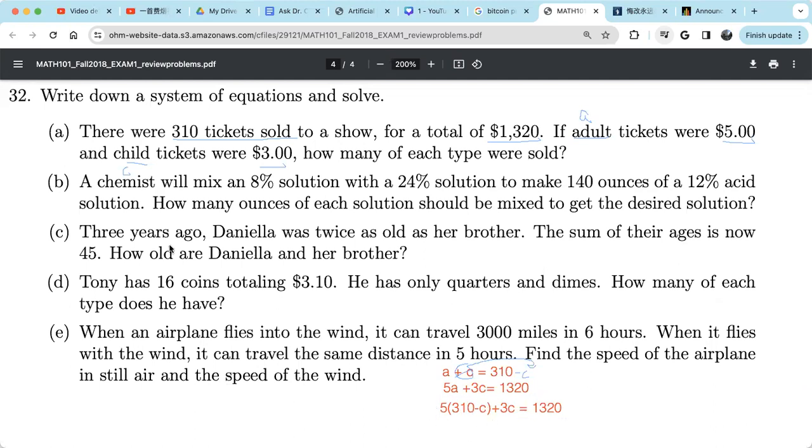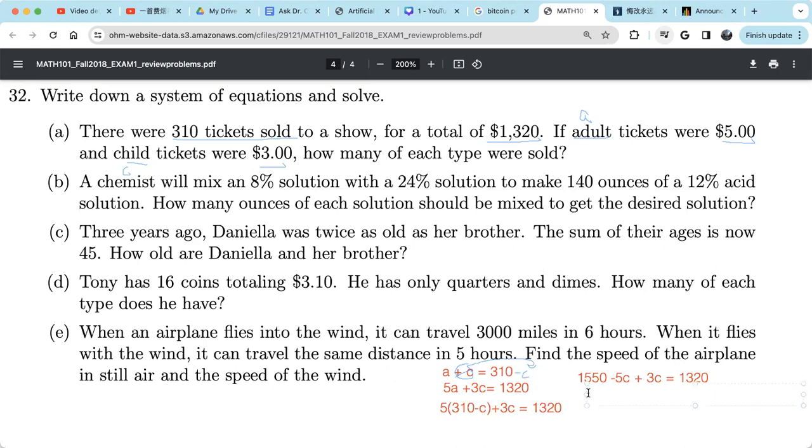We'll just solve this equation. 5 times 310 is 1,550. Then minus 5 times C, which is 5C, then plus 3C equals 1,320. Negative 5C plus 3C is negative 2C.